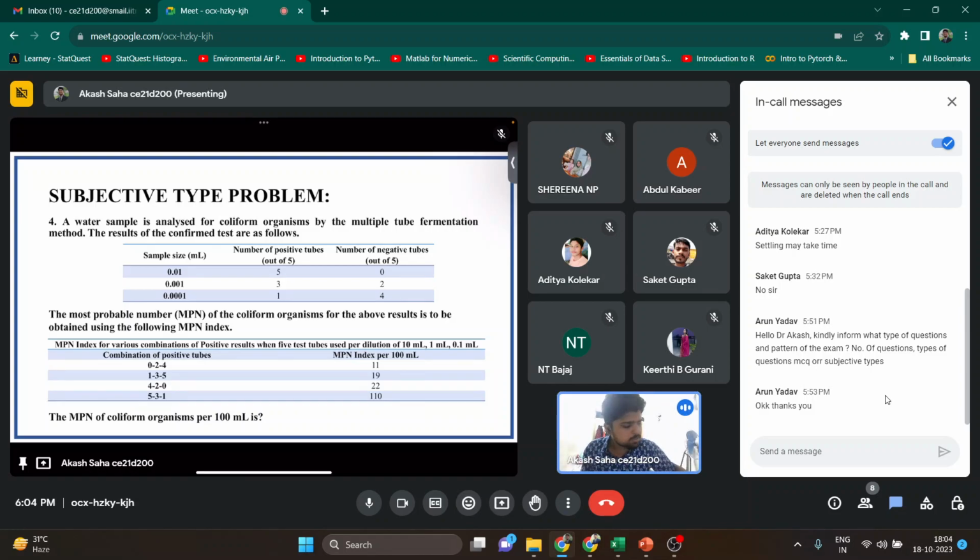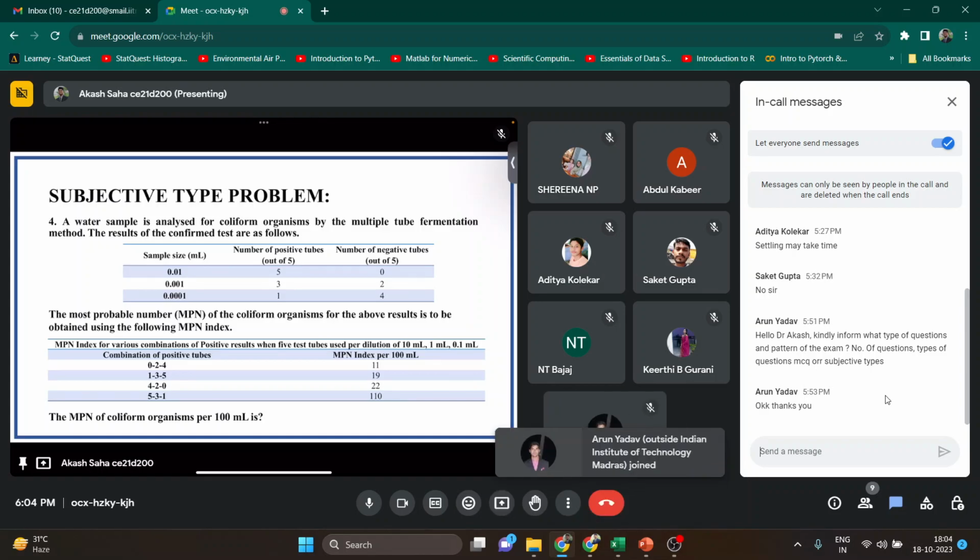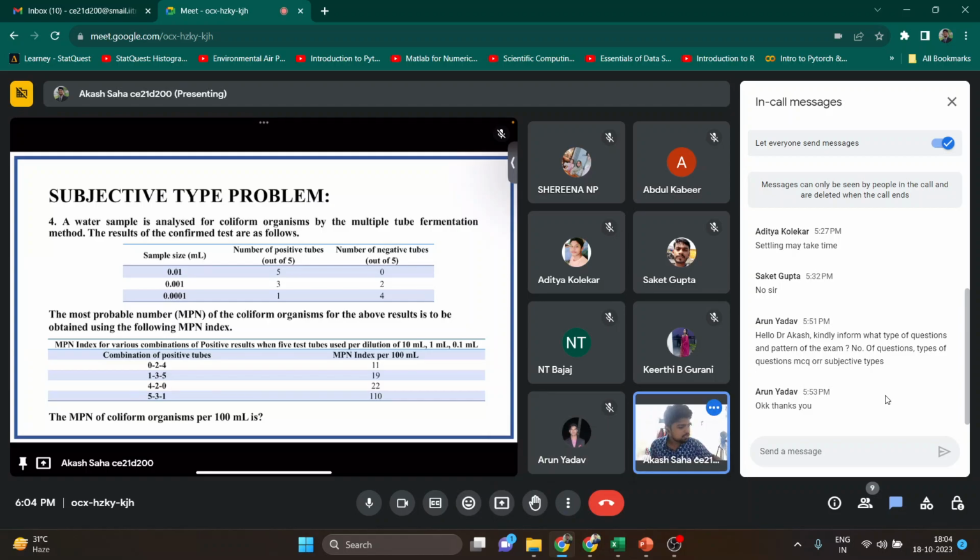Out of 5 tubes, in the case of the first one, all 5 are getting the gas, so they are positive tubes, and 0 negative tubes. Then for the next 5 set, for 0.001 sample size, there are 3 positive tubes and 2 negative tubes. Similarly, for the last one, there is 1 positive tube and 4 negative tubes.